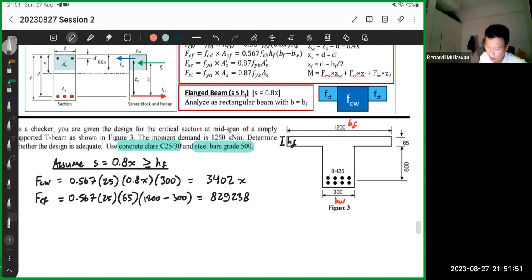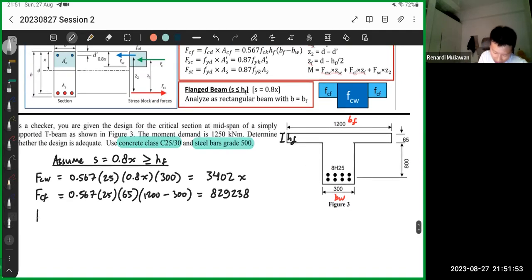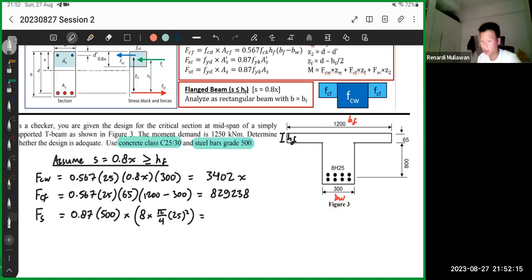Of course, we have the steel below. F steel in tension, FS, is the same thing. That's 0.87 times steel grade 500, the stress, multiplied by the area. The area is 8 bars, so 8 times pi over 4 times 25 squared, the area of a circle.